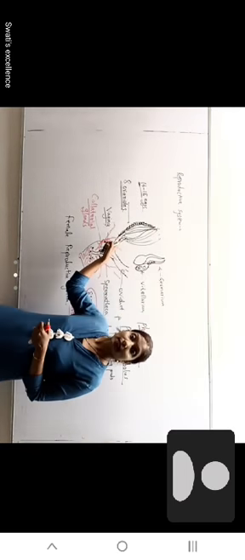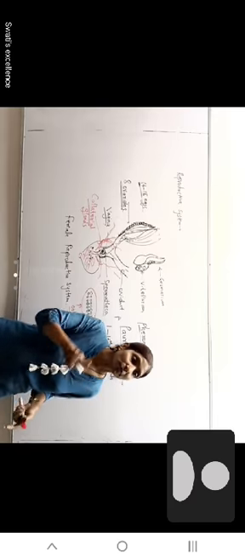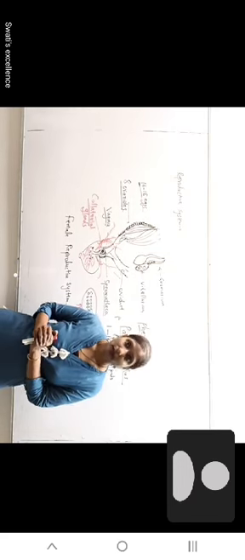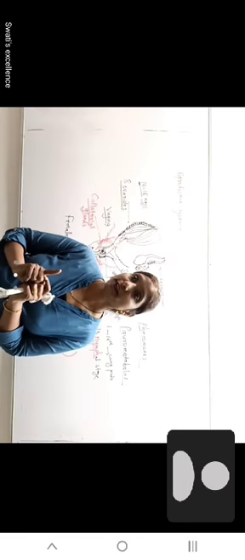Then copulation takes place, then spermatophore is released into spermatheca, then the eggs come into the brood pouch, then fertilization, then the formation of egg case, that is ootheca, then they are released and so on. समझ में आया? So this was all about sexual reproduction in cockroaches.